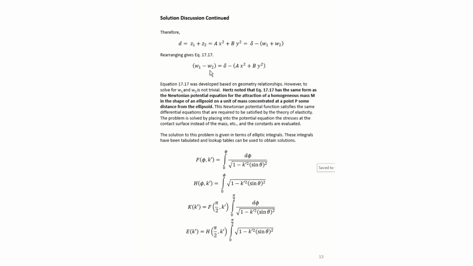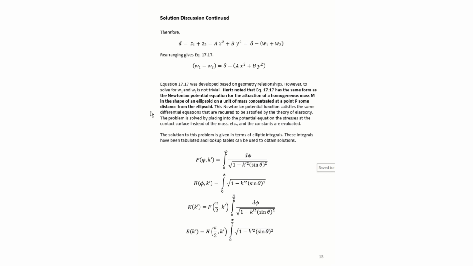And I don't know how in the world he did this, but he noted that this equation has the same form as the Newtonian potential equation for the attraction of a homogeneous mass M in the shape of an ellipsoid on a unit of mass concentrated at point P some distance from the ellipsoid.